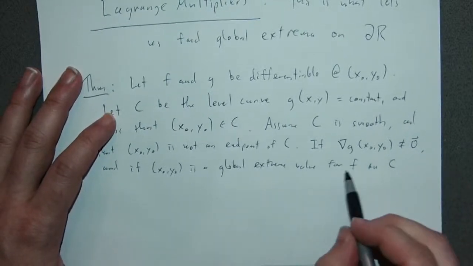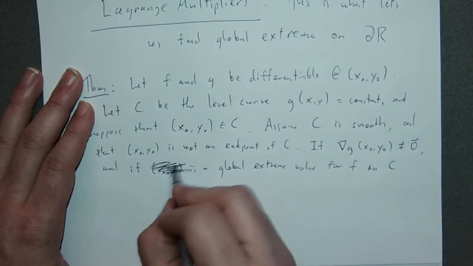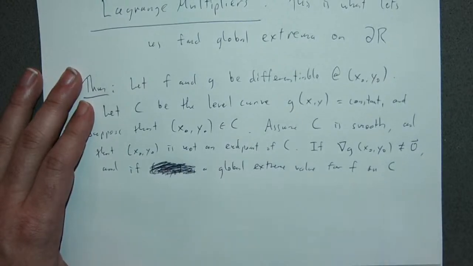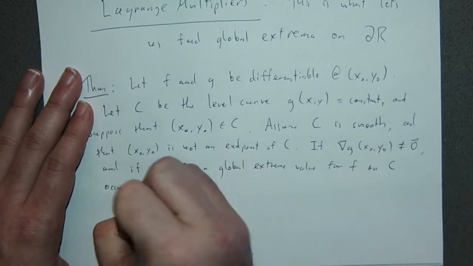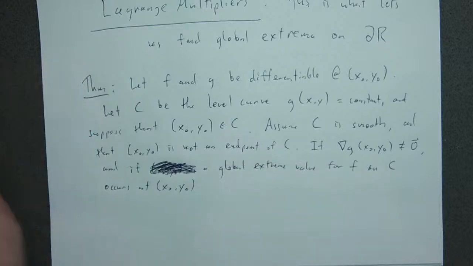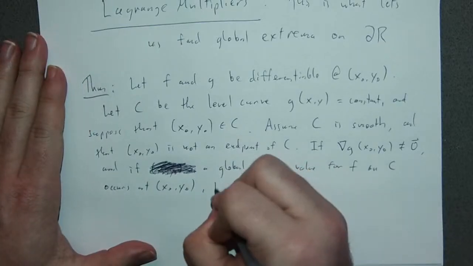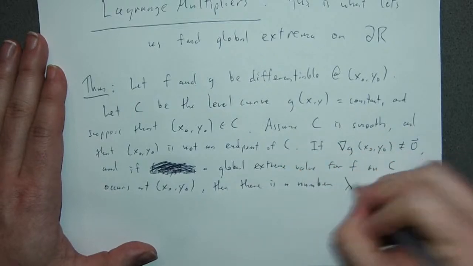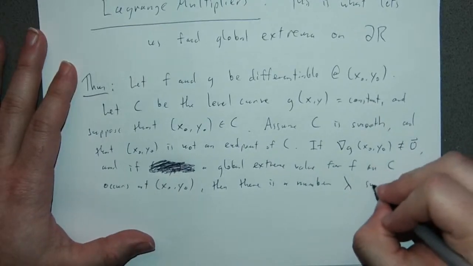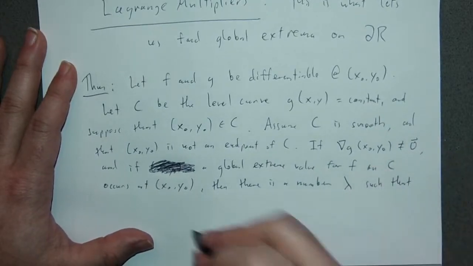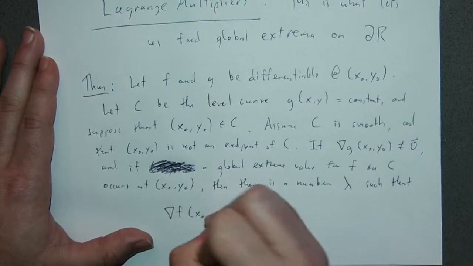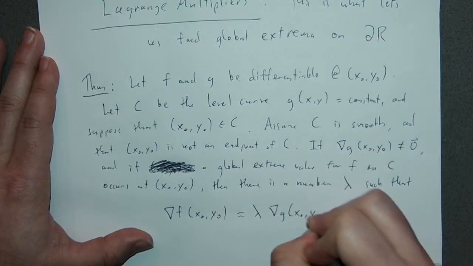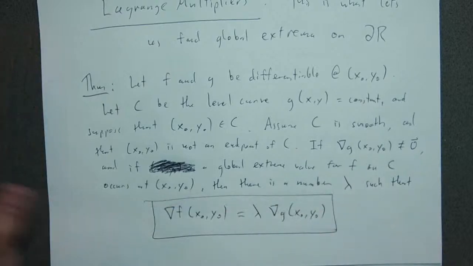I will rewrite this. So if a global extreme value for f on C occurs at (x naught, y naught), then there is a number, lambda, such that the gradient of f at (x naught, y naught) is equal to lambda times the gradient of g at (x naught, y naught). This is the big important statement.